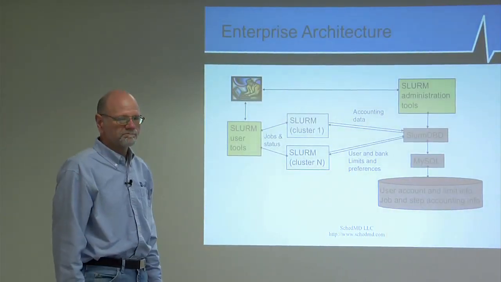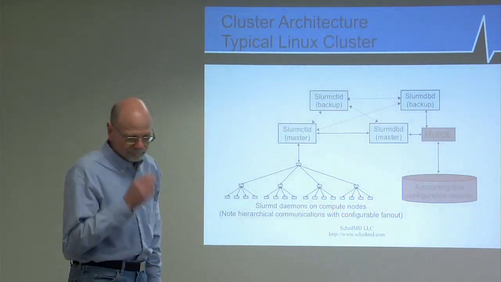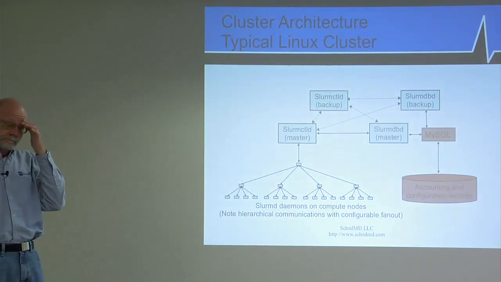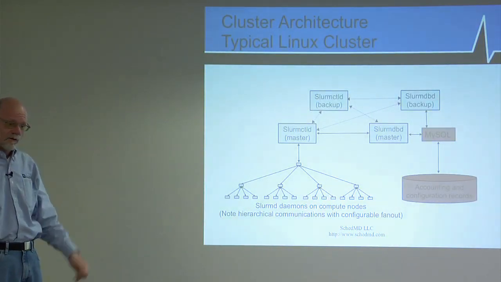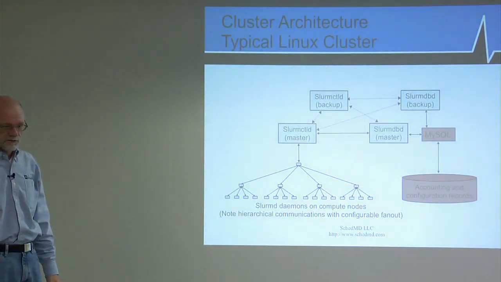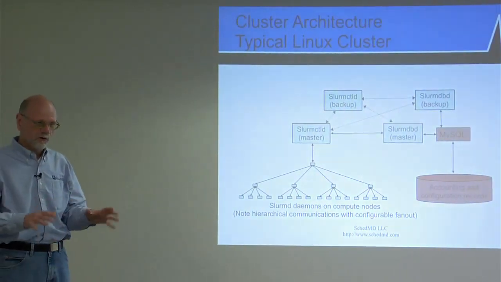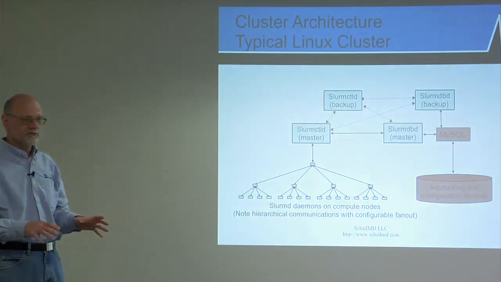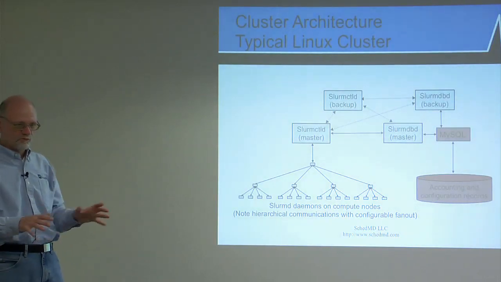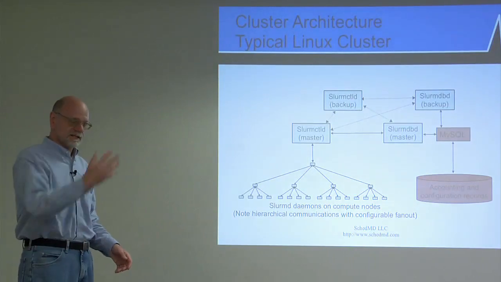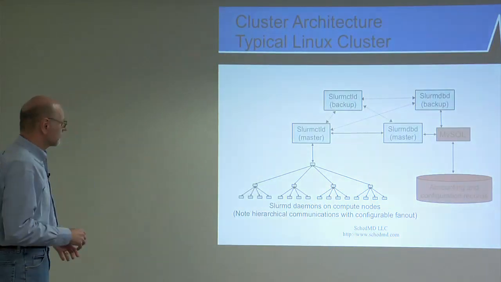Well, on your daemons, do they sense and report back what the local topology is, or is that a configuration thing that you have to tell Slurm? The topology within a node, in terms of the boards, sockets, and cores, the slurmd recognizes that. It uses HWLoc, which you're probably familiar with, and it sends that information up to the Slurm control daemon.